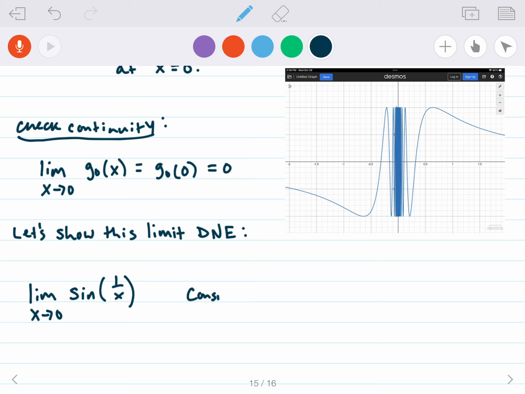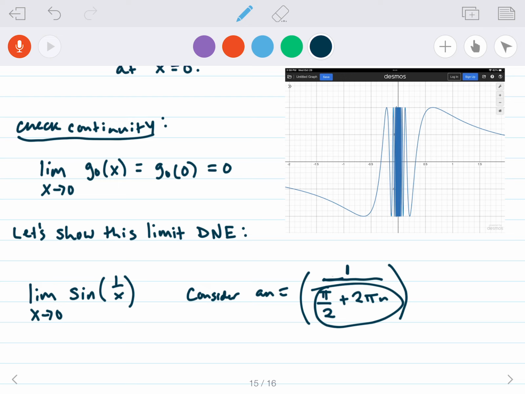So consider the sequence a sub n, where anything coterminal to pi over 2 is going to be pi over 2 plus 2 pi n. You're only going in full circles, no matter what n is. You're not ending anywhere but at the pi over 2 spot.